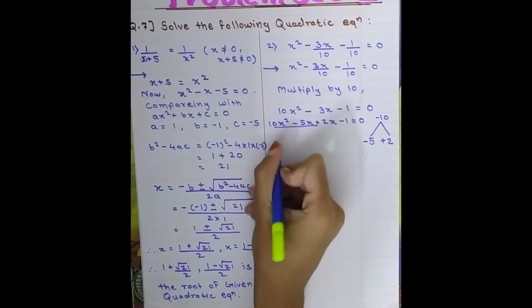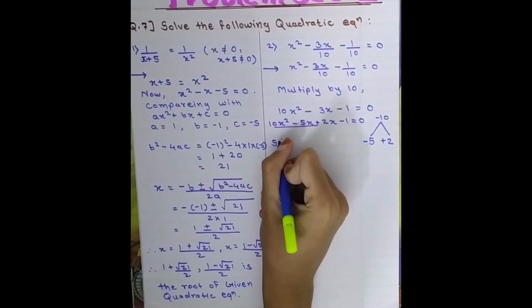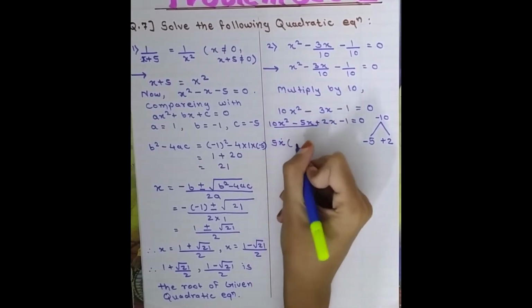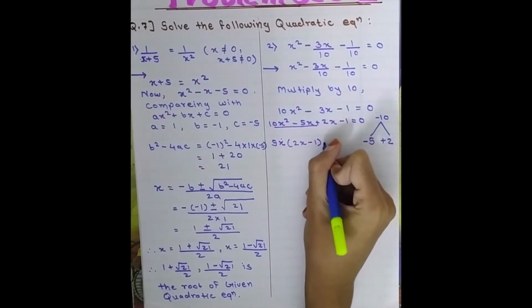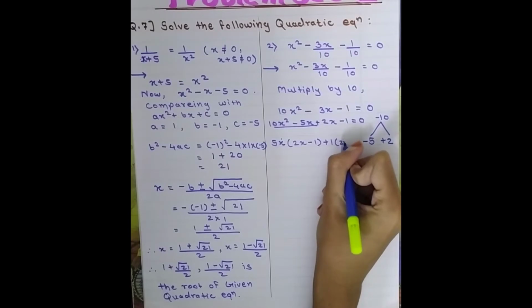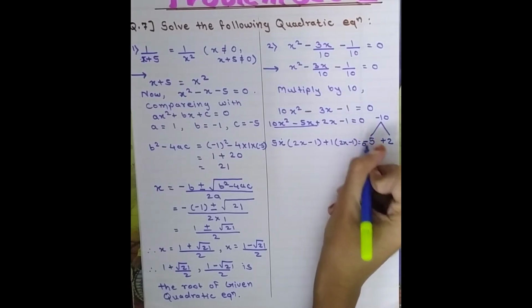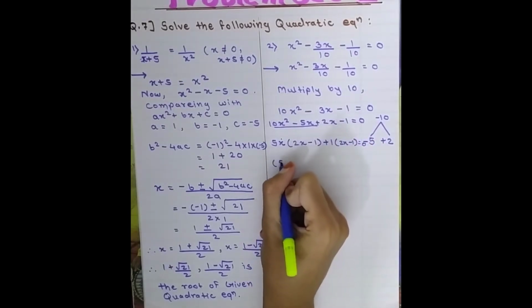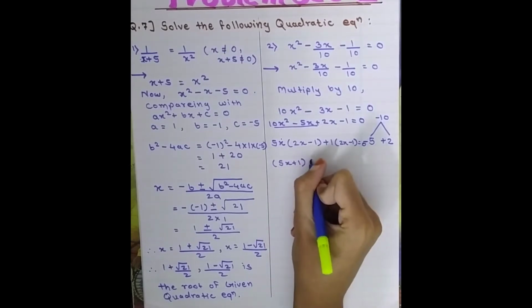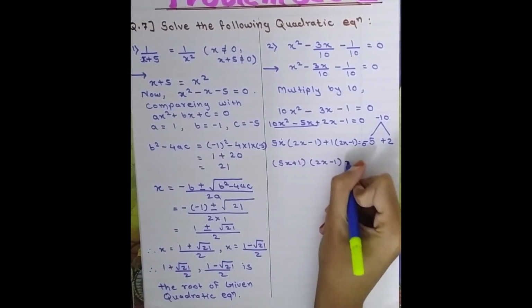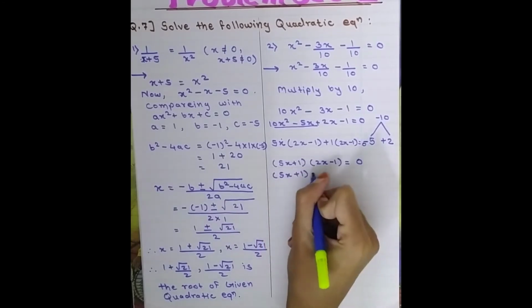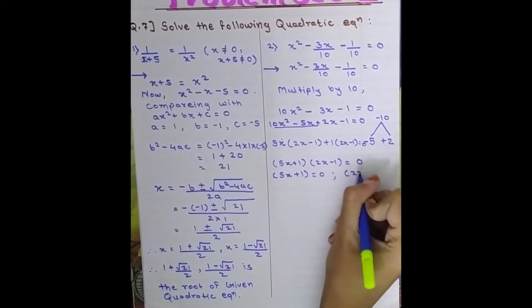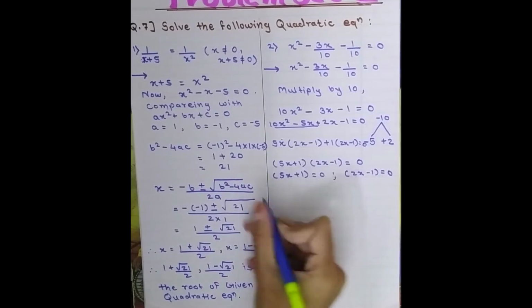So from these two terms, 5x is common, and in the bracket 2x minus 1, and from these two, plus 1 is common, and 2x minus 1 is equal to 0. So 5x plus 1 and 2x minus 1 is equal to 0. So 5x plus 1 is equal to 0 and 2x minus 1 is equal to 0.